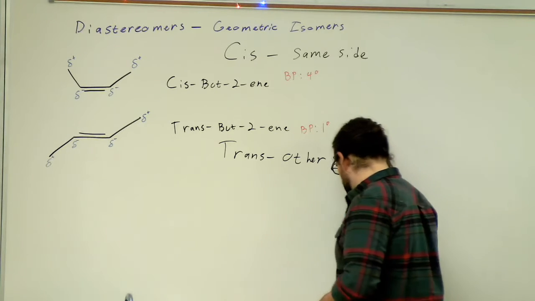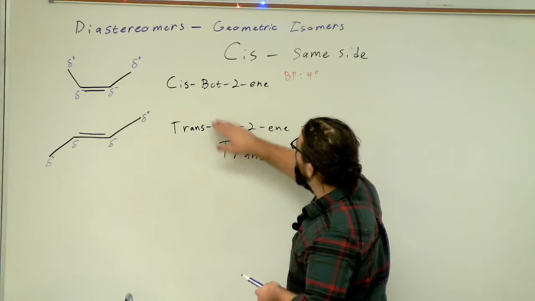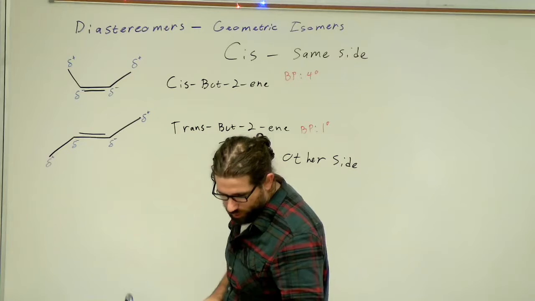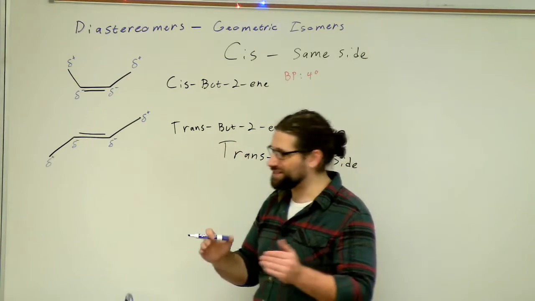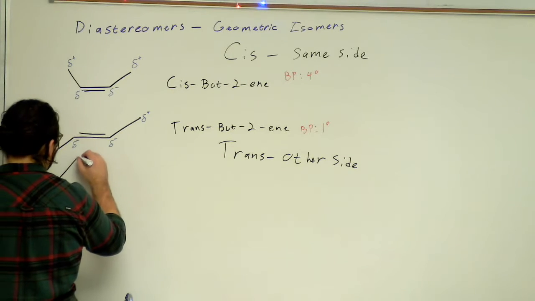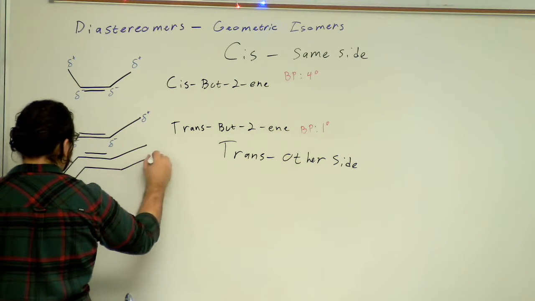My melting point is going to be different. The melting point of cis-but-2-ene, I don't have the exact melting point here. However, because of trans ability to more neatly stack on top of itself, if I draw a second one here, this is very easily able to stack a bunch of versions of itself.